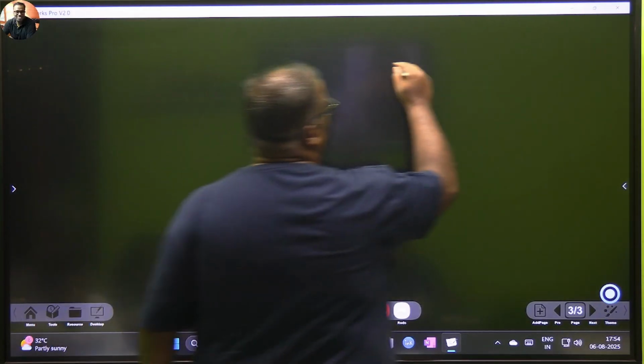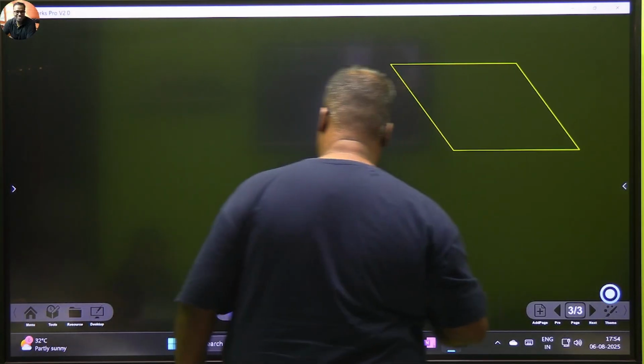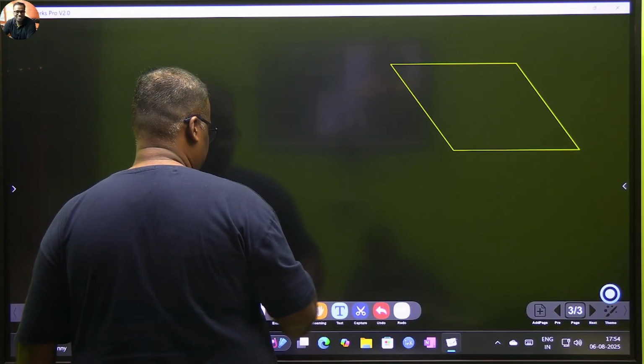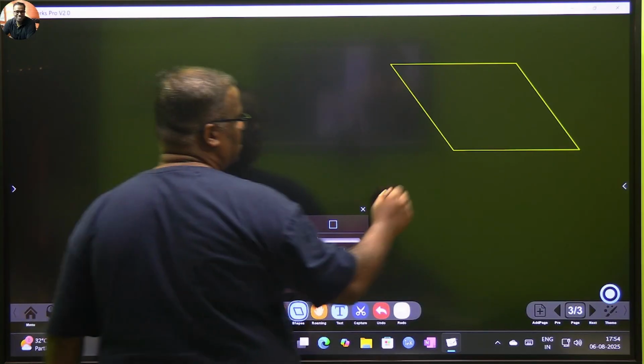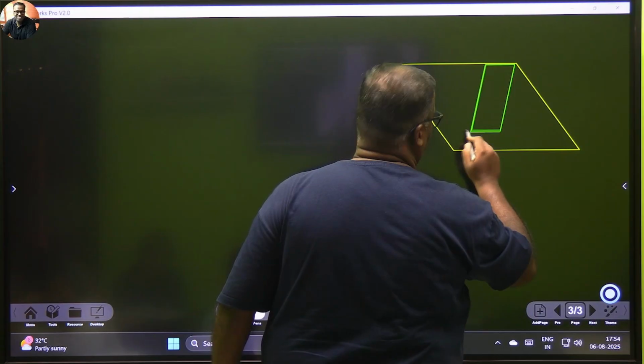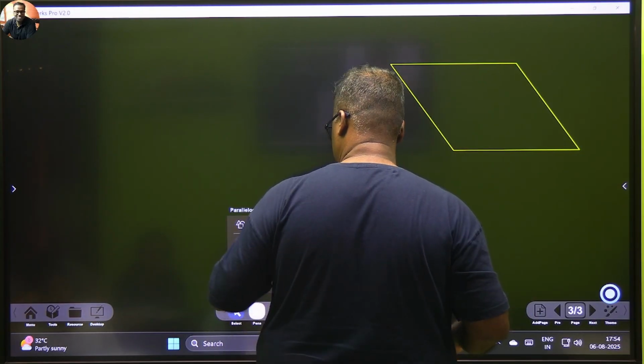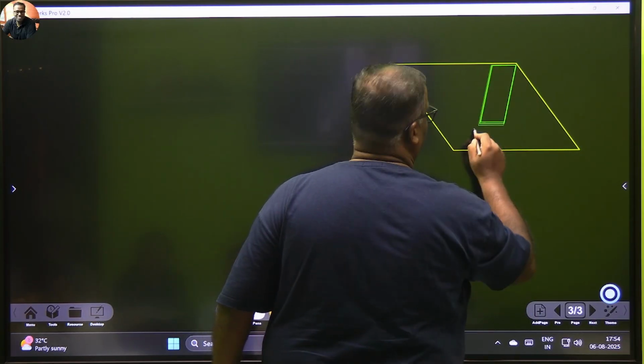So let us take a parallelogram like this and let's make its diagonals.